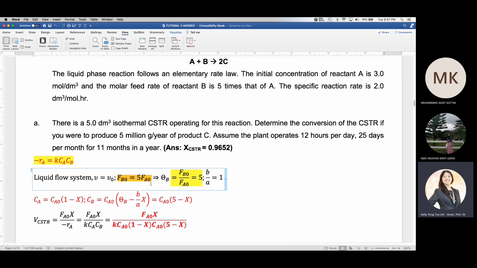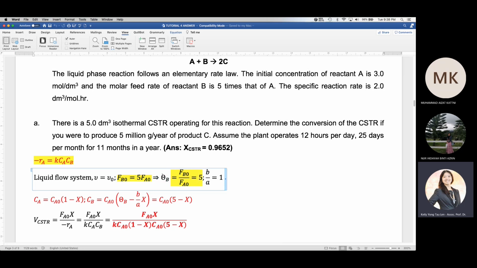Kalau kamu perasan, bila kita tahu initial amount of B and A, tak kisahlah initial amount ni berjadi dalam bentuk macam soalan number one, the initial amount in terms of concentration. In this question, dia beri kita initial amount dalam bentuk molar feed rate. Either way pun sebenarnya dia give us information to find theta B.